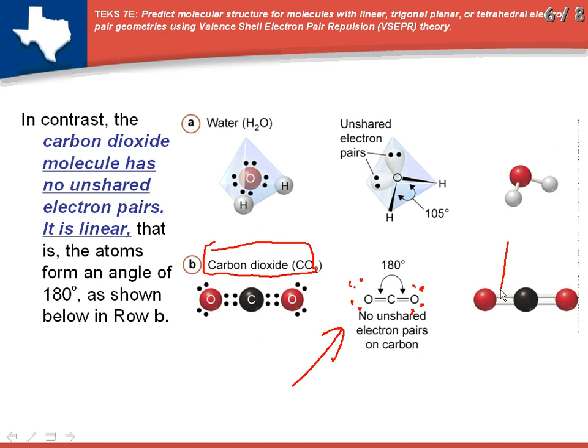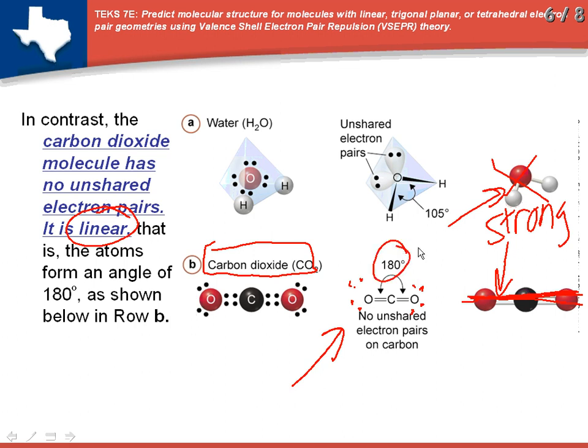And these double bonds are really strong. They won't be bent like the water is up here. They want to stay in a flat line. So whenever you have a molecule with double bonds like this, it's going to have what's referred to as a linear shape. It's going to have a flat line appearance, a 180-degree angle between its bonds.